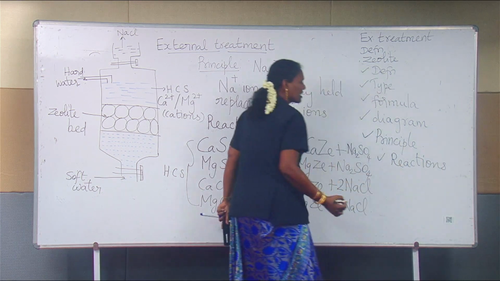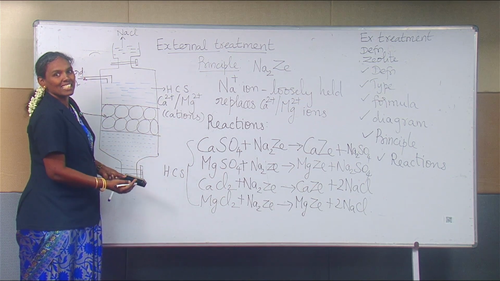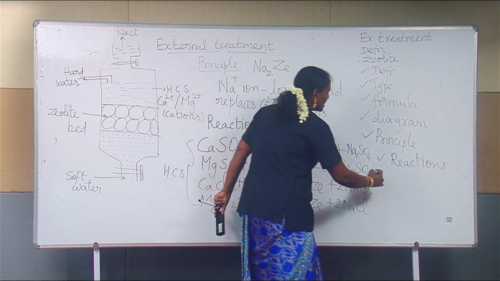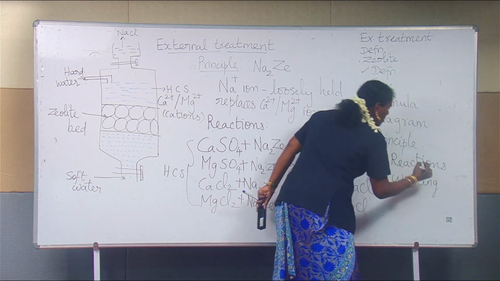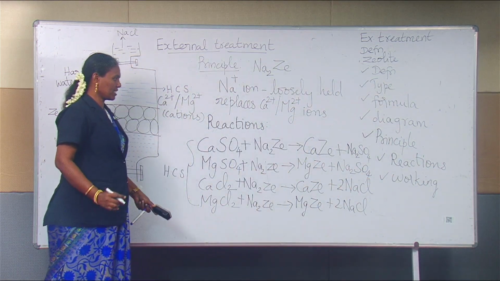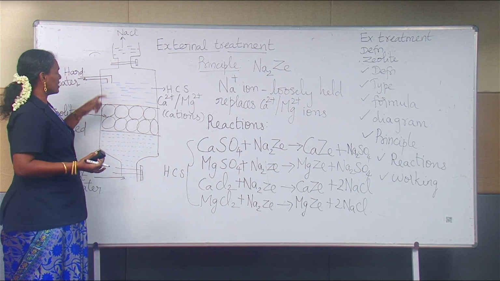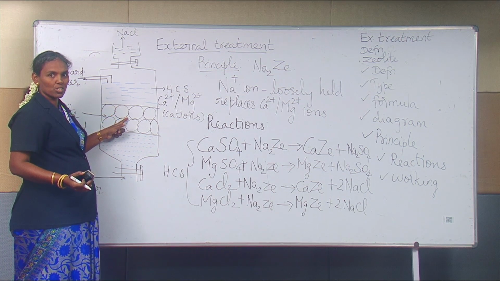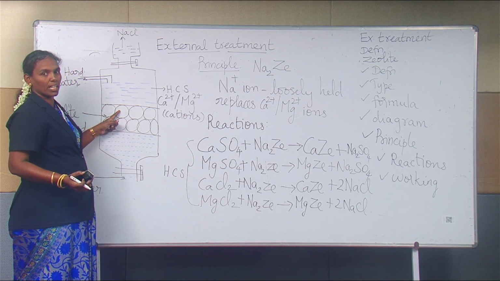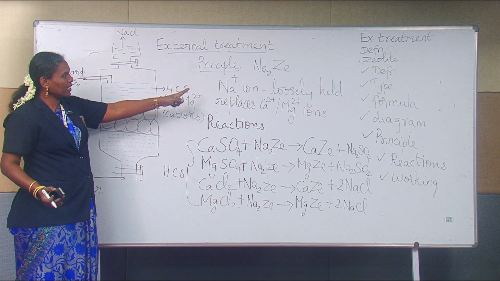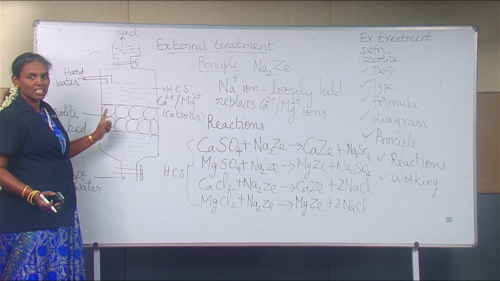Next, what do we have to discuss? Working, how it works. We are going to write the reactions in sentence form. Next side heading, you can write it as working. How it works: when hard water is fed into the cylinder, the zeolite bed, then during that time Na+ ions are replaced by the calcium or magnesium ions present in the hard water.